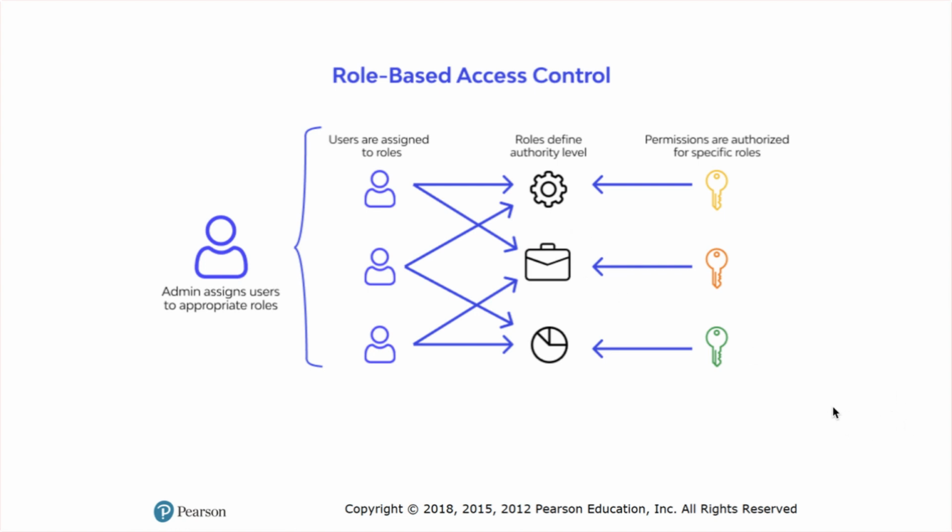RBAC provides a dual layer approach. Instead of directly mapping permissions by using the access matrix as we discussed yesterday in the DAC, we have the dual layer approach here.